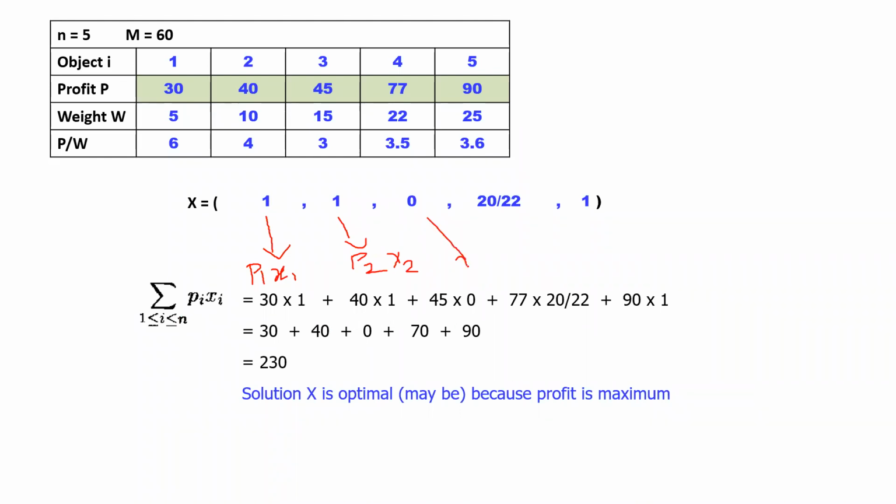Then this will be P3 X3, and so on. And I have calculated and got a profit of 230.